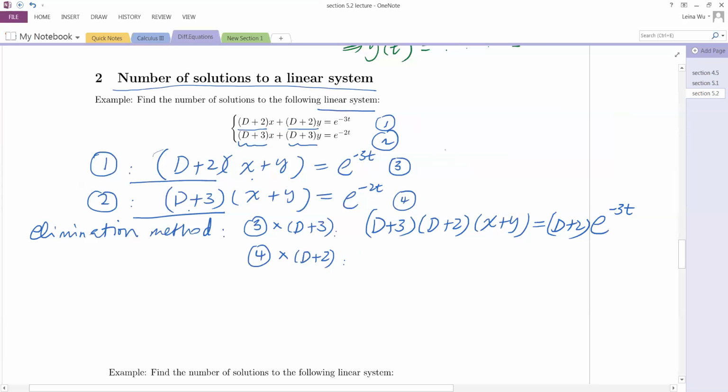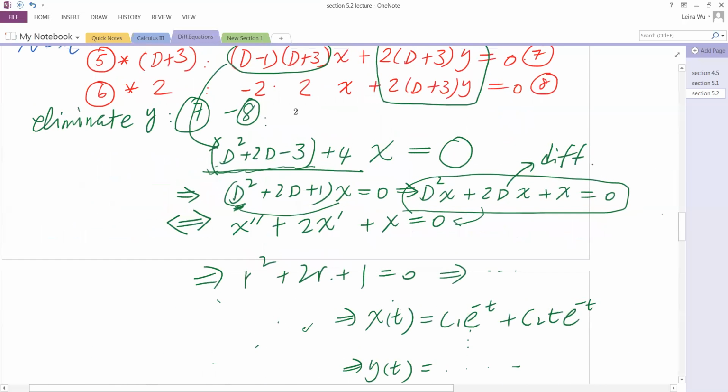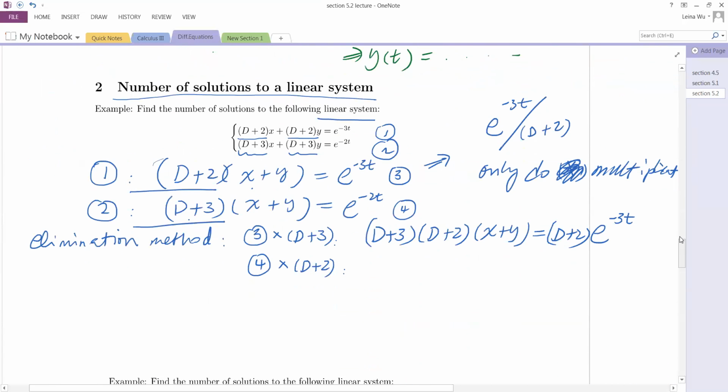If you divide, you would have e to the negative 3t divided by D plus 2, which doesn't make sense because we don't have a function divided by differentiation. So dividing is not allowed. We can only do multiplication, not division.